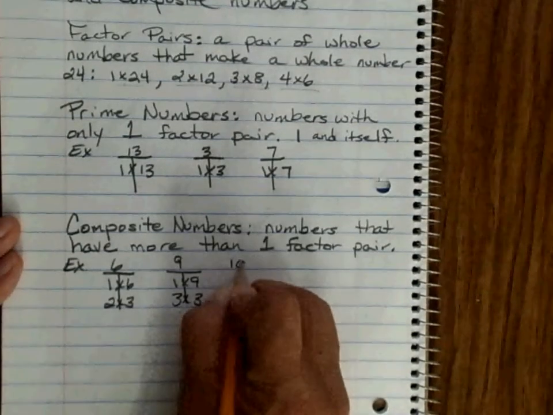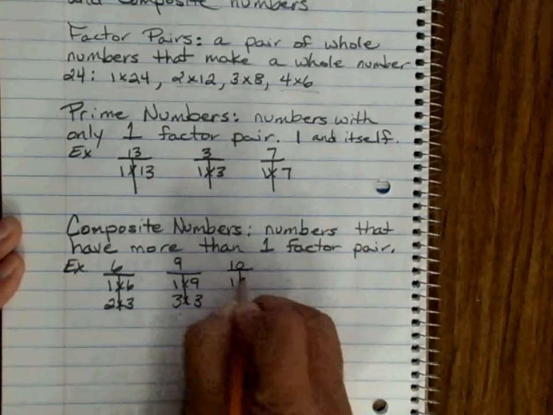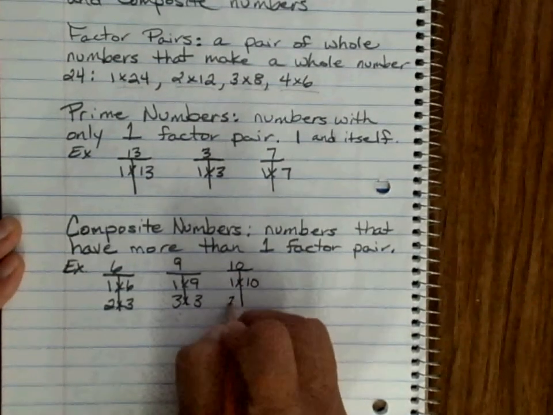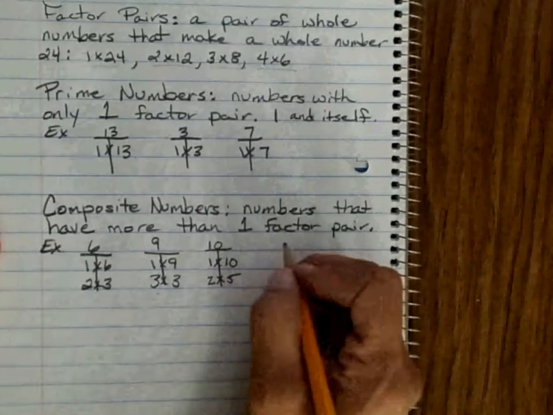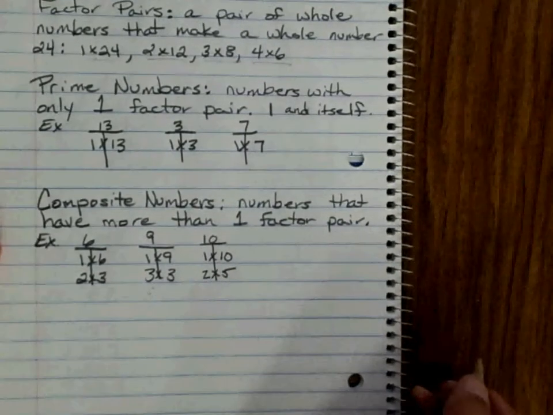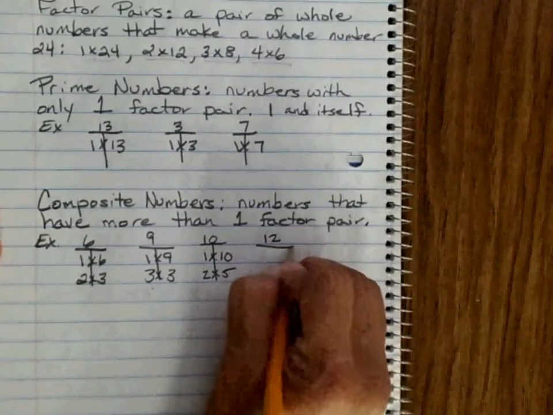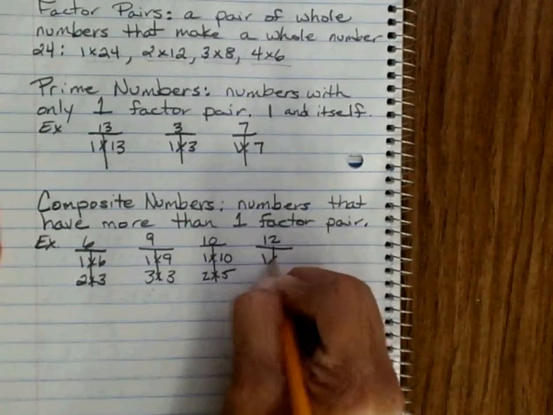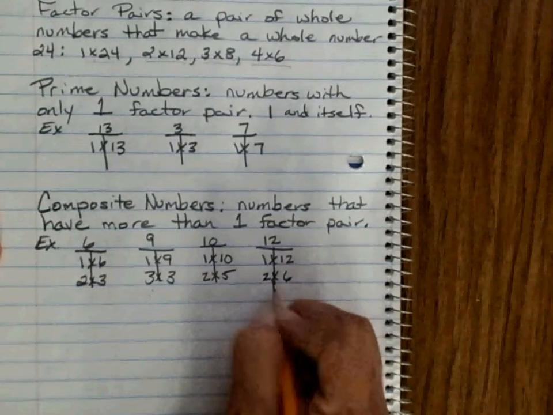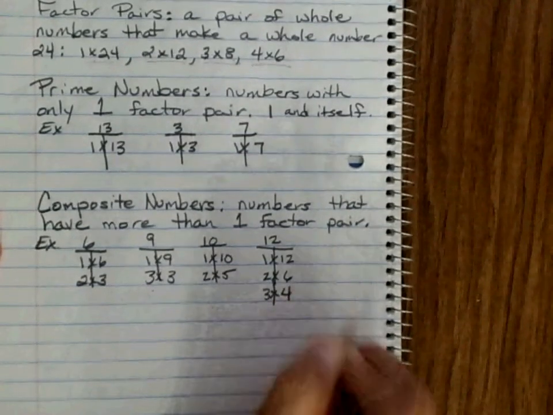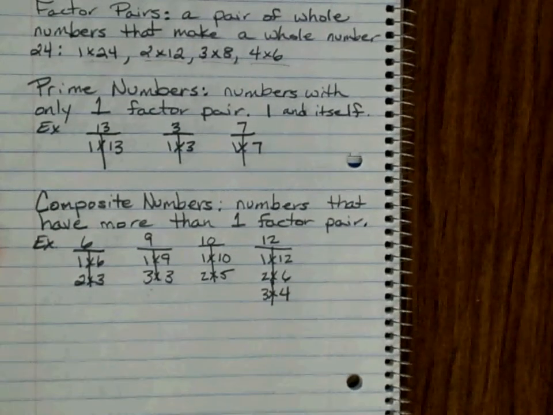Okay, let's move on. 10, 1 times 10, and 2 times 5. How about 12? 1 times 12, 2 times 6, oh, and 3 times 4. So 12 has 3 factor pairs.